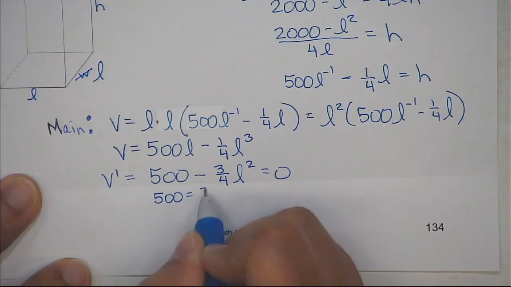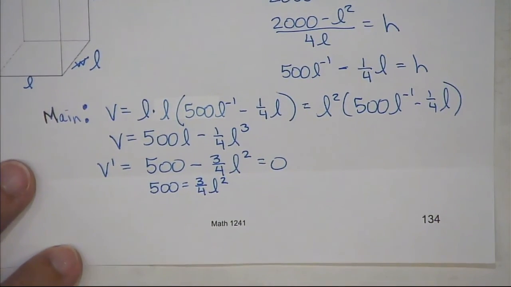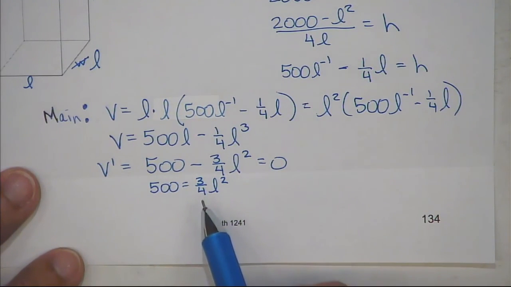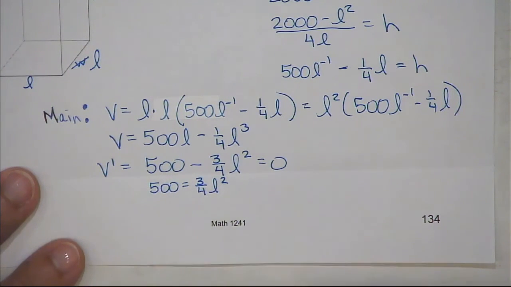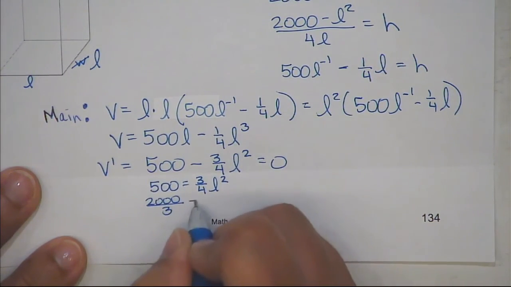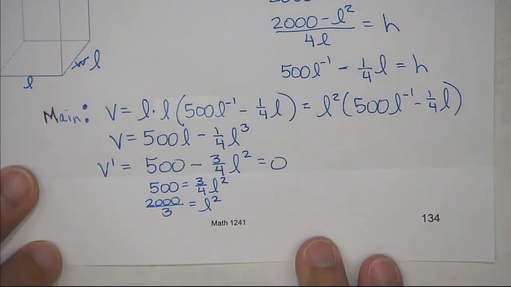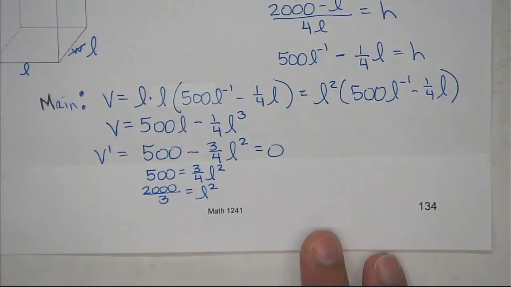Make it positive. All right, multiply both sides by 4/3 to get rid of the 3/4. So if we multiply 500 times 4/3, that's 2,000 thirds. I just leave it that way for a minute. So 2,000 over 3 equals L squared, then just take the square root of that.